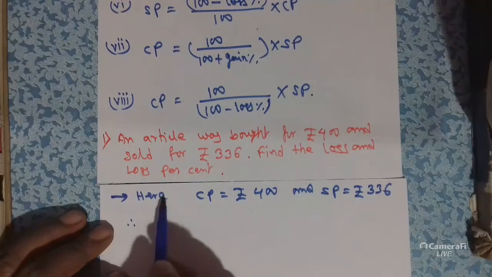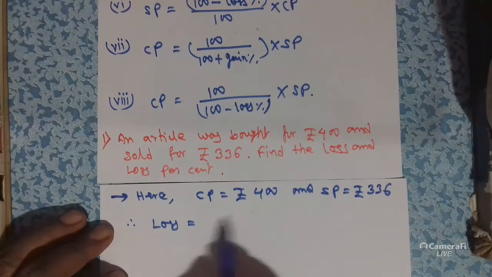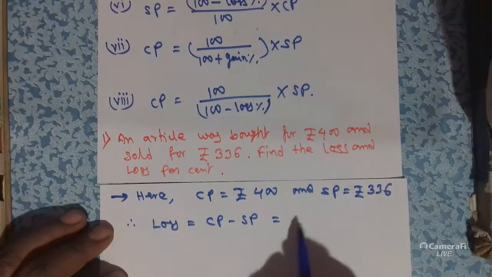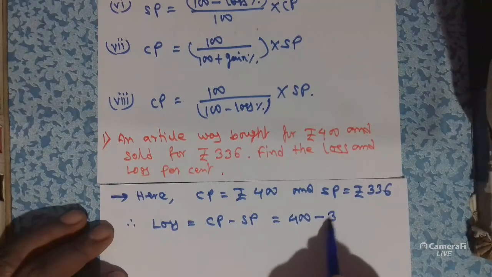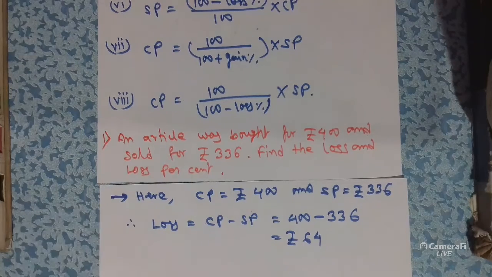So therefore loss is equal to CP minus SP, which is 400 minus 336, which is rupees 64. So he makes a loss of rupees 64.